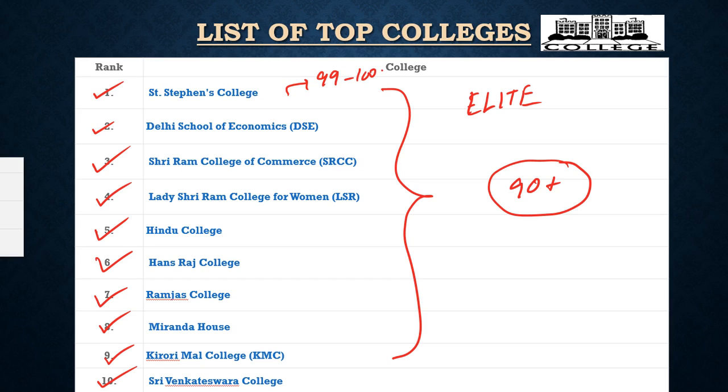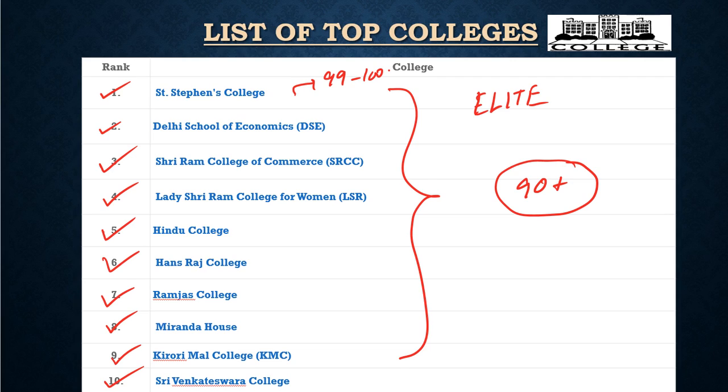So you must try to excel in mathematics as well as your boards, since you're striving for excellence. These are the colleges for excellence, centers of excellence in the economic field.